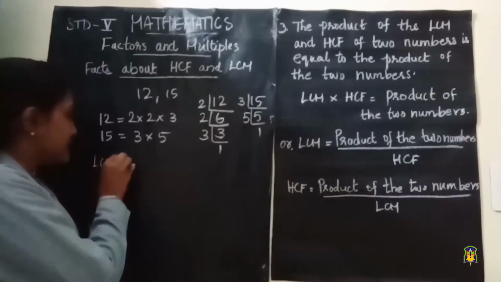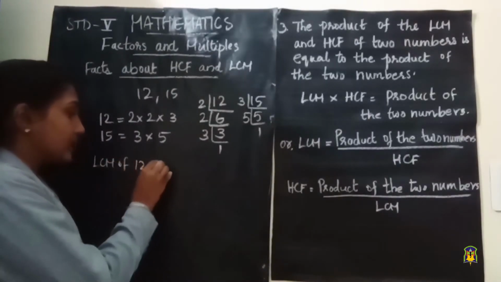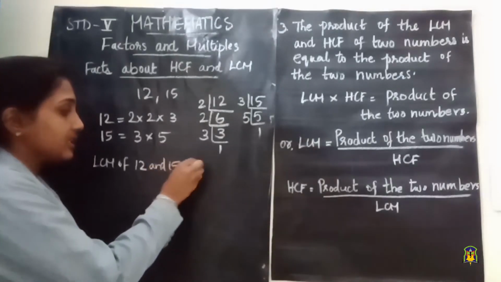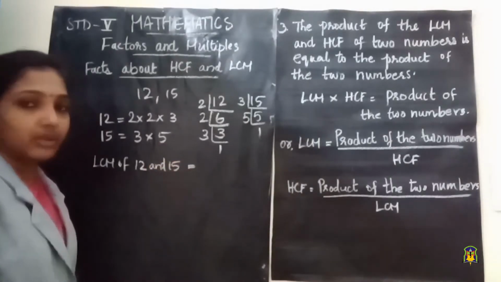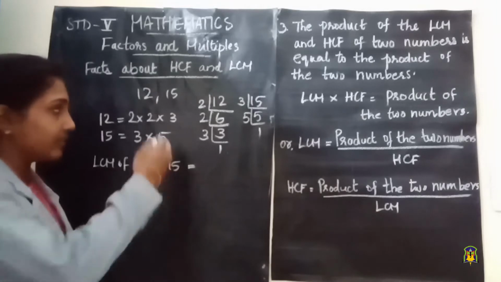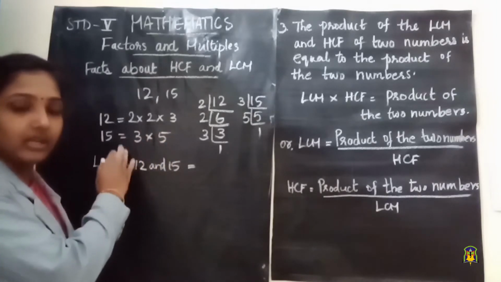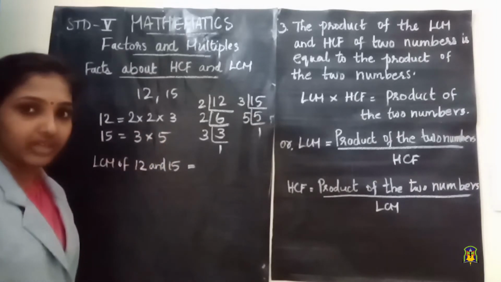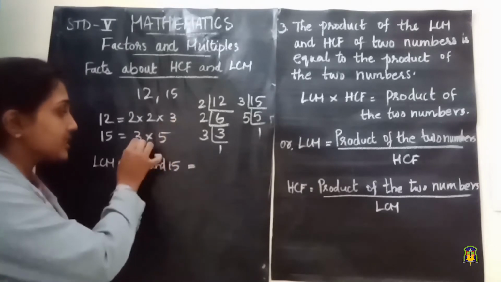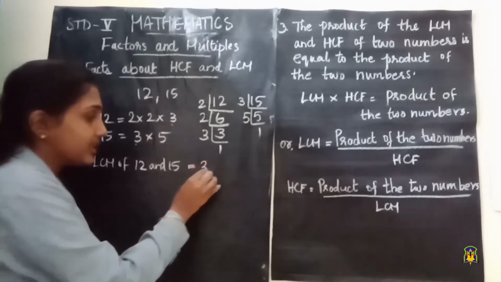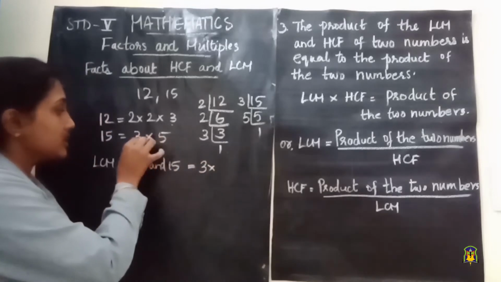So LCM of 12 and 15 is equal to, how are we finding the LCM? We will write the common factors and also the uncommon factors, right? So first the common factor is 3. 3 is common.